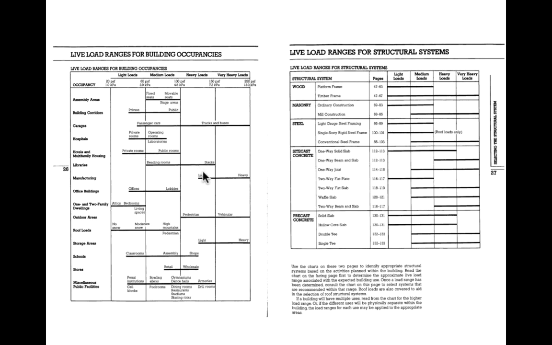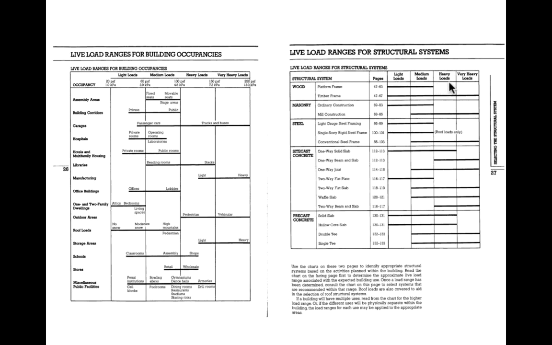One thing that violates this is library stacks. For putting a lot of books together, you can see that it will have a much, much heavier load. And all of these will influence possibly what we want to use for our structural system. So here you can see that some of this is really intuitive, right? Platform or timber frame we're used to in residential construction where we have very light loads.